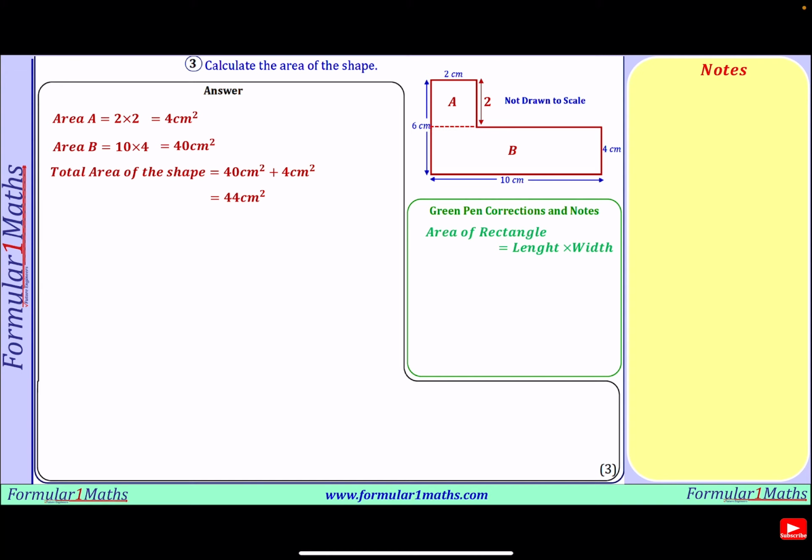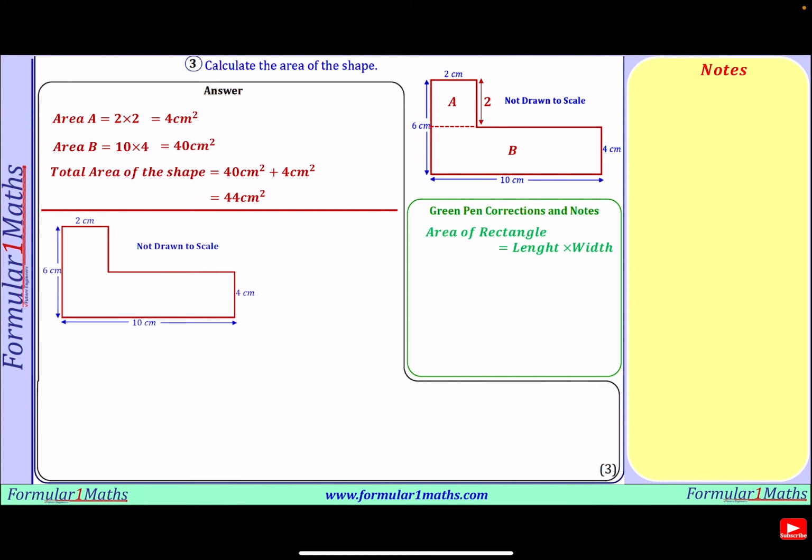We could have also divided the same shape in a different way. This time, doing it this way. And then if I label the rectangles, as we did in the previous one, A and B, we are going to get A and B here.